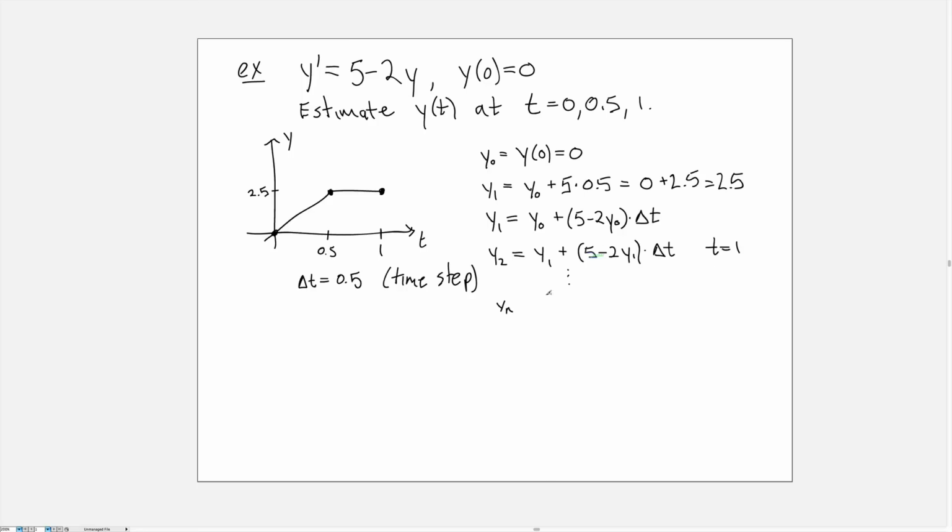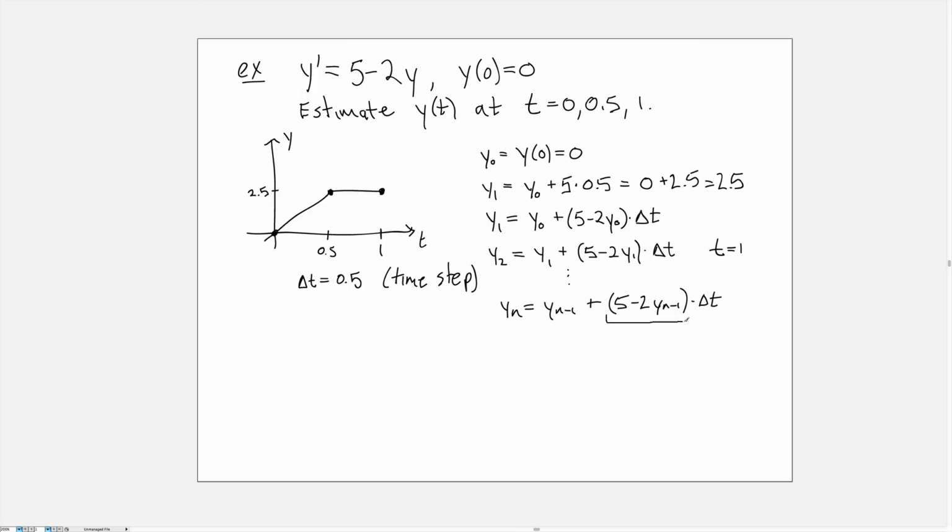But if we had more, or let's say our delta t was smaller, we might need to do more and more of these. So the general formula would be yn is equal to yn minus 1 plus 5 minus 2yn minus 1 times delta t. And that's the general formula for updating Euler's method.